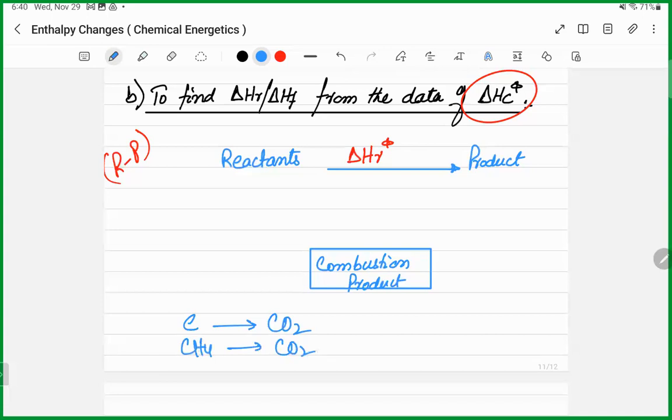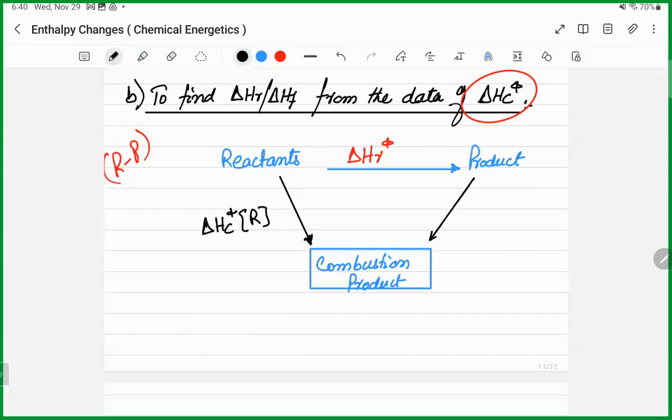So whenever you have reactants combusted, they give you this combustion product, and this is called enthalpy change combustion of reactant. And whenever the product combusts, they will give you the same combustion product, and the enthalpy change is called enthalpy change combustion of product. Clear? So combustion of reactant, combustion of product, and they have the same combustion product.